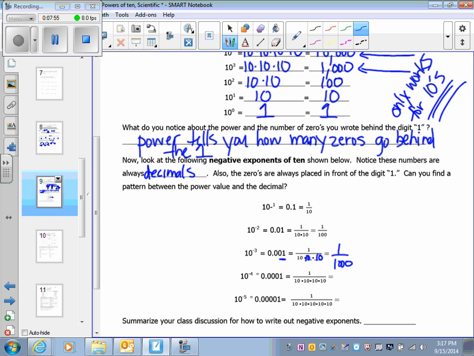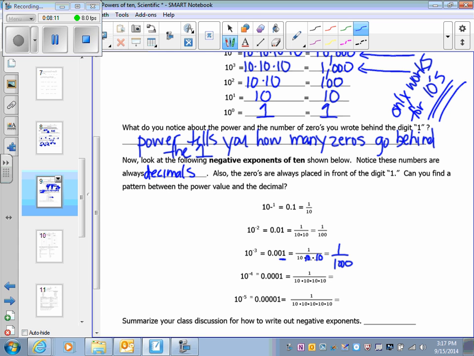These are called equivalencies, meaning 10 to the negative 3rd, 1 over 10 times 10 times 10, which is the same as 1 over 1,000, are all the same. It's 1, 2, 3, 4 different ways of writing the same thing.